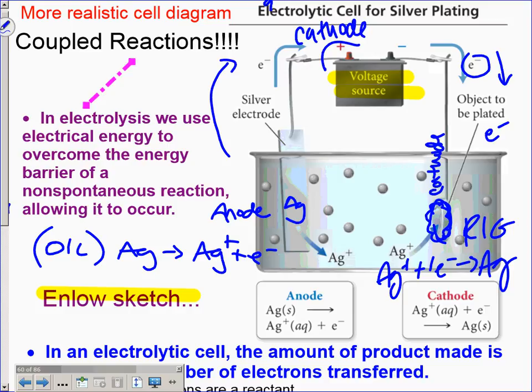It doesn't have to be within the same solution. It's just an opposite counterpart. So it's going to be giving it to the cathode to be reduced. Normally our galvanic cell would give its own anode electrons to its own cathode, but when you couple it, it doesn't have to. So this is still the anode of the galvanic cell delivering those electrons to the cathode of the electrolytic cell.